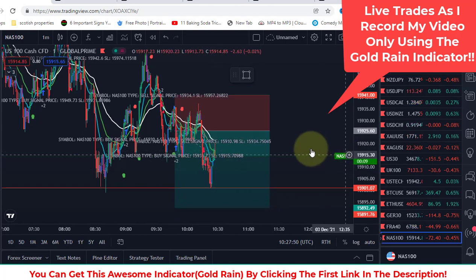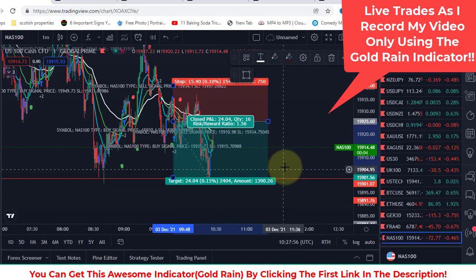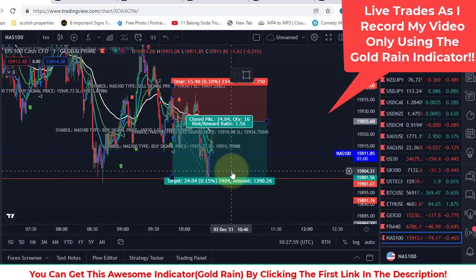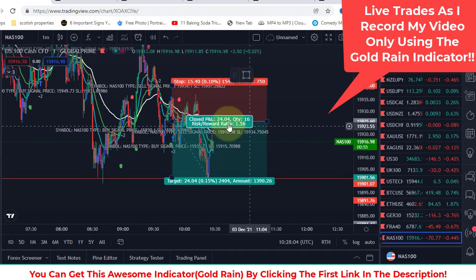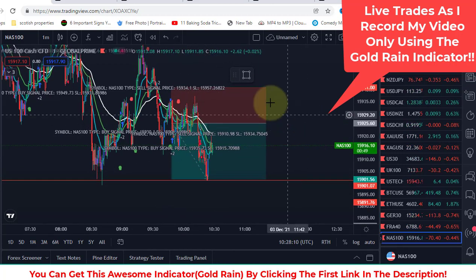Price was heading backward, giving us a bit of panic and stress, and that's like 1,390. I don't know if that's actually 13 pips, but with one lot you're going to make a lot of money in this tiny bit.